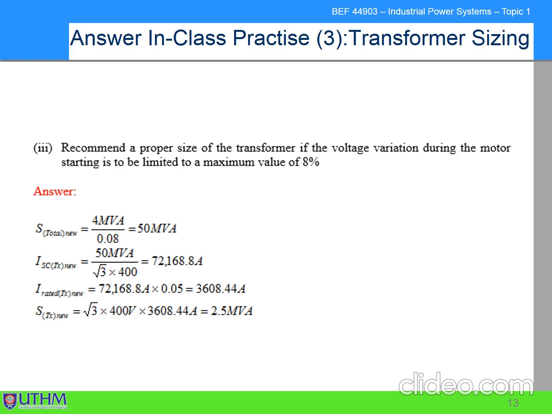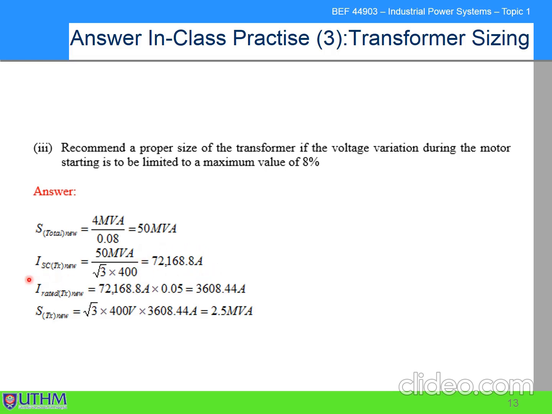So the value of S total is equal to 50 MVA. Then we find I short circuit, which is 50 MVA divided by square root 3 divided by 400. So we got the value of I short circuit.